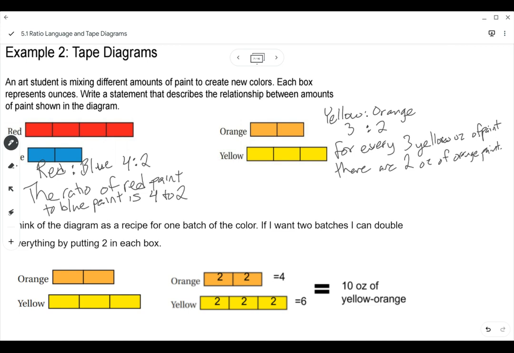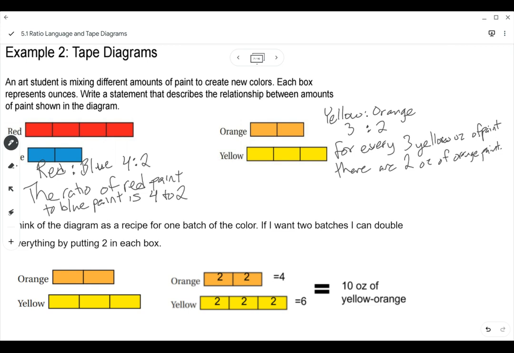The cool thing about these tape diagrams is they can be used to make more batches, so to speak. So we can kind of think of this as a recipe for one batch of the orange and yellow paint down here. And if we want 2 batches, we can double everything by putting a 2 in the box.